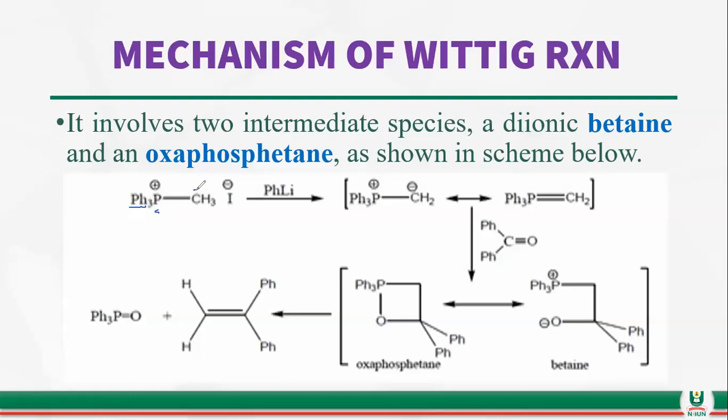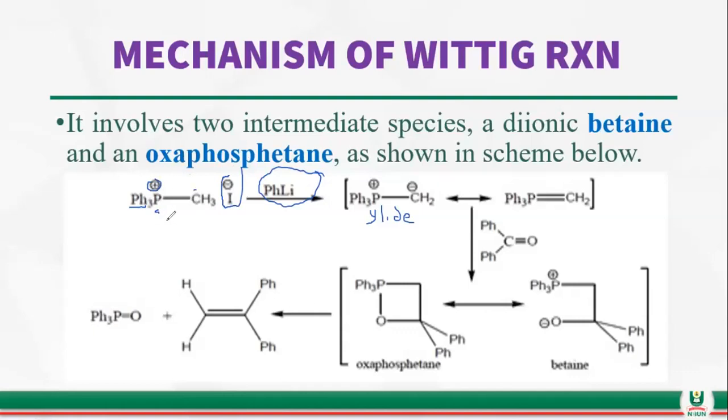That means the first stage has been formed, but you need to react it with n-BuLi or some other lithium species to abstract the acidic proton from CH3 and make it CH2-. When that happens, you now have your ylide. This is now your ylide because the positive and negative charges are on 2 adjacent atoms. Here, the positive is on phosphorus, but the negative is on the carbon.